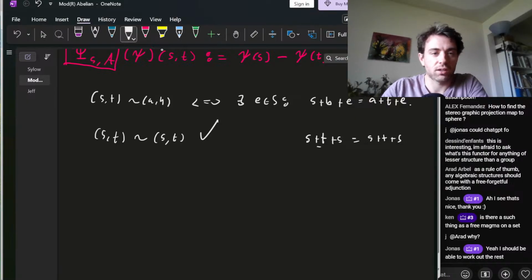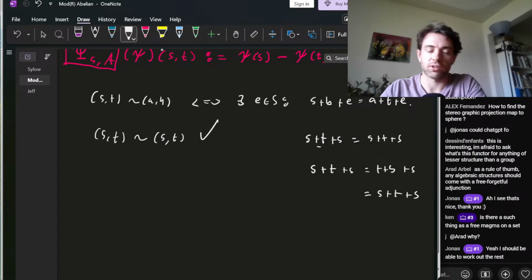And then, okay, symmetric is basically the same thing, right? Because we've assumed that it's an abelian semigroup. So we just need S plus T is T plus S. And again, just put S here. And yeah, those are in fact equal because it's an abelian semigroup and associativity and so on.